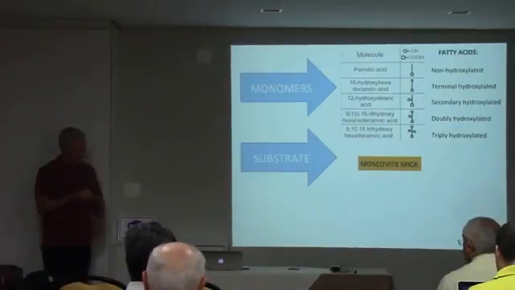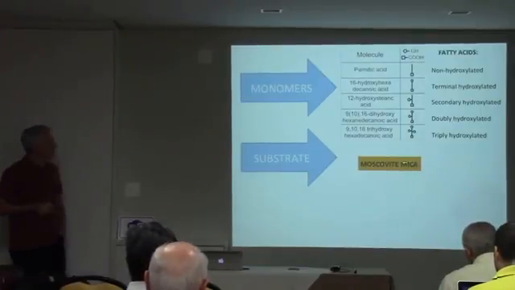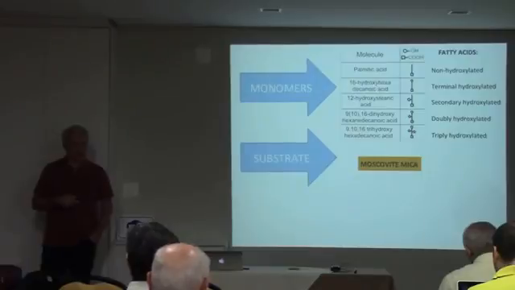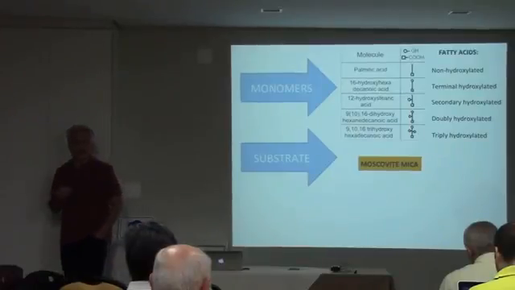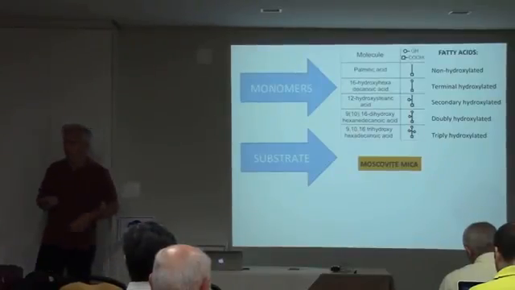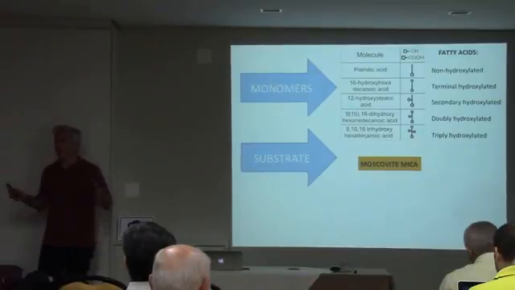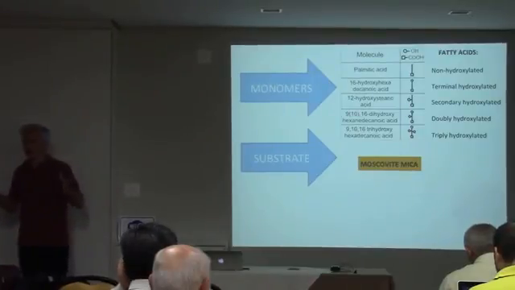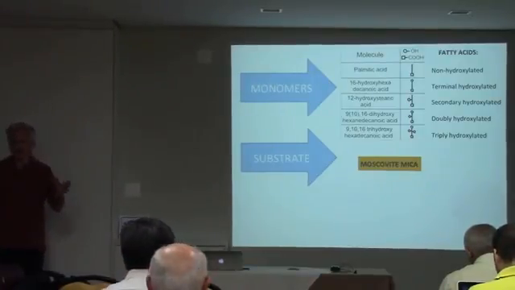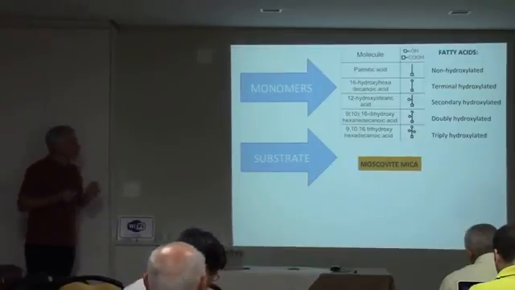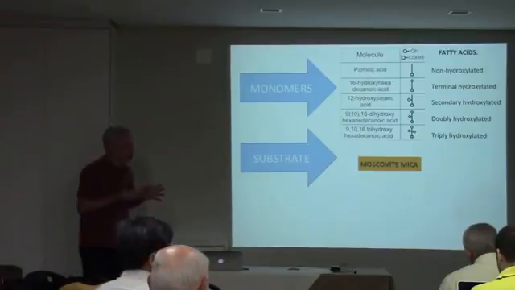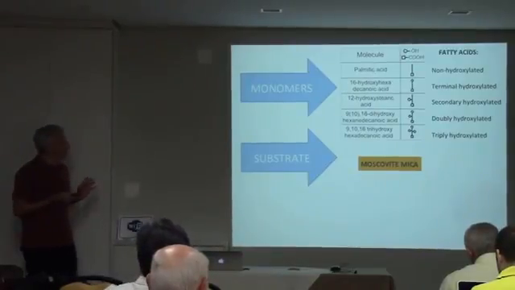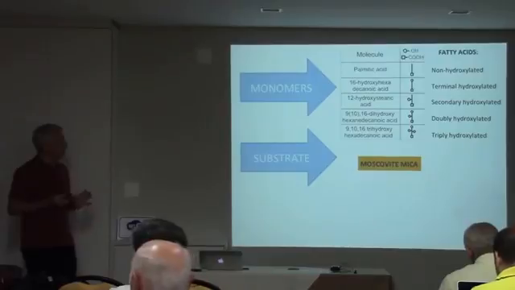So we have used in the lab a substrate which is muscovite mica. Basically because it's cheap. We are trying to find a way to fabricate a biopolymer at industrial scale. So initially we tried to mimic the laboratory strategy using cheap materials.